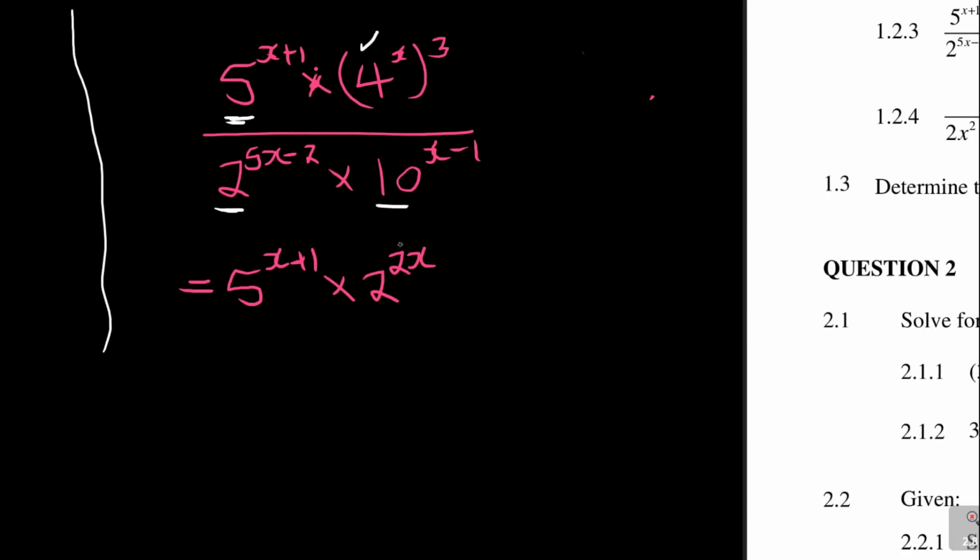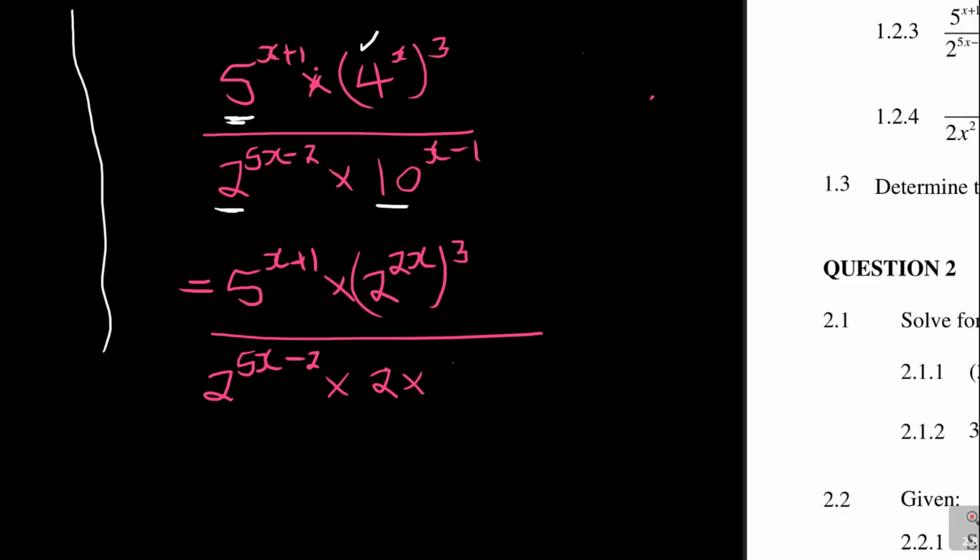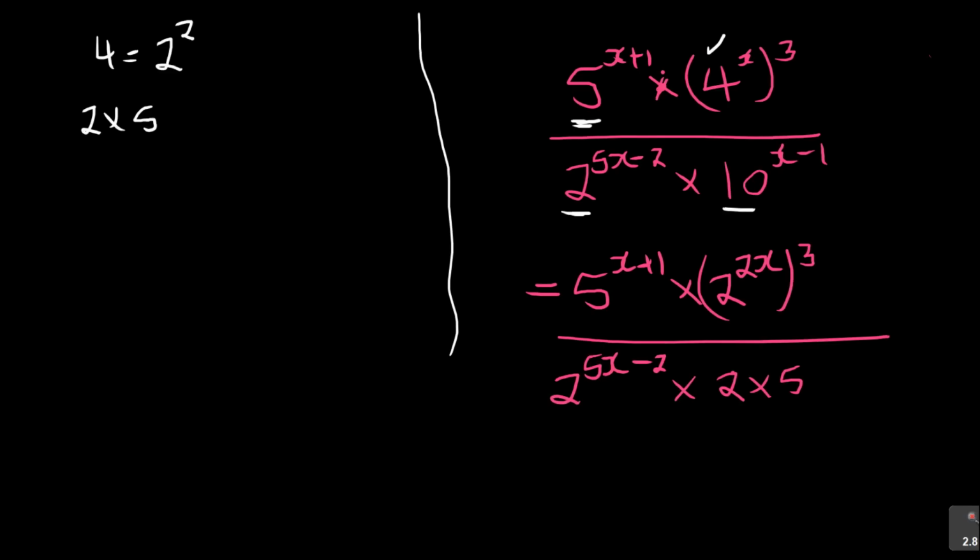And here I'm still gonna put that 3 for now, for the next step, over 2 to the power of 5x. Remember, they said we must show some steps, so let's not cut too much. And then at the bottom is 2 times 5. Now I don't want to do this many times. It's 2 times 5, that's 10, to the power x minus 1.